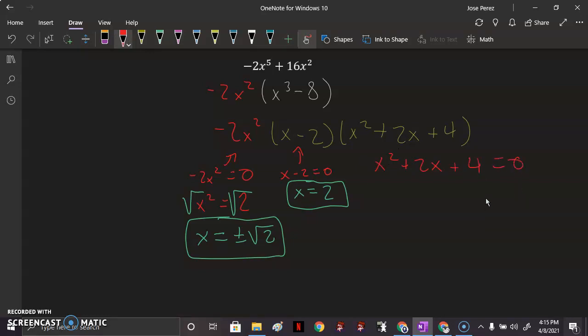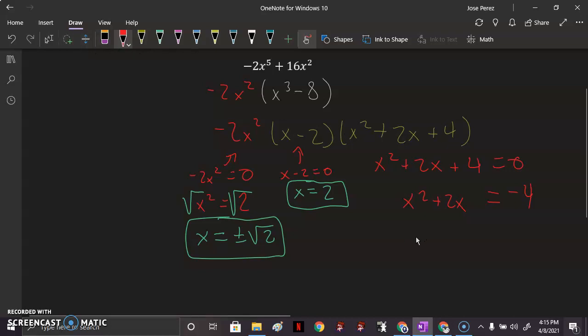What can we do? Well, first of all, we can try completing the square, and a little cautionary tale: we're going to get an imaginary number. So let's get started. When we move the numbers to the right, we get negative 4 is equal to x squared plus 2x.